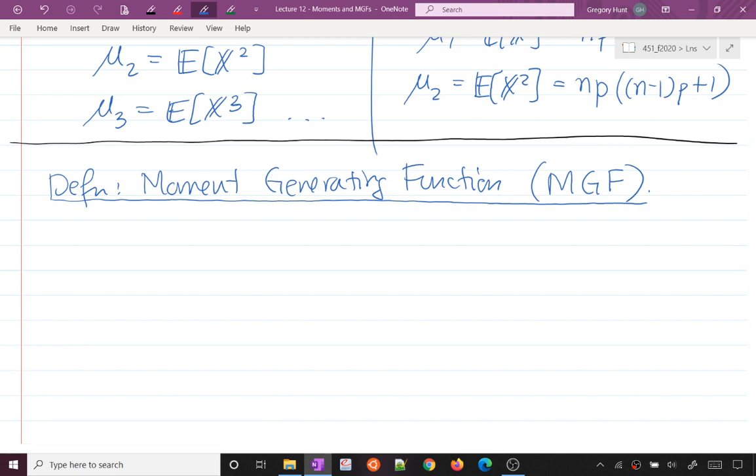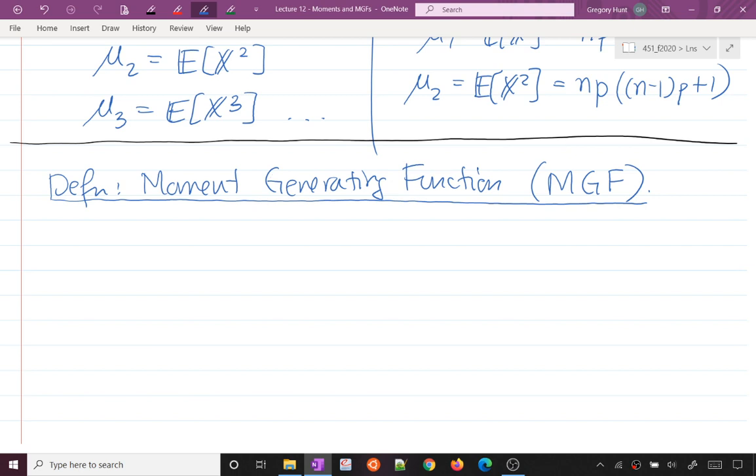So we have three different ways of characterizing or knowing everything we want to about the random variable. Turns out, if you know the CDF, you know everything about the random variable. If you know the PMF or PDF, you know everything you need to know. Or equivalently, if you know the MGF, you know everything you want to know about the random variable.